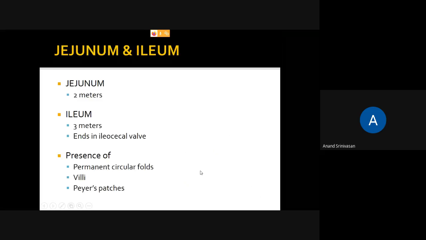The next one is the jejunum and ileum. The jejunum is approximately 2 meters and the ileum is approximately 3 meters. The ileum ends in the ileocecal valve. How do we identify the jejunum and ileum? There will be permanent circular folds.